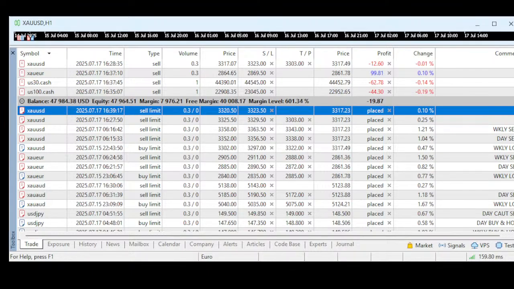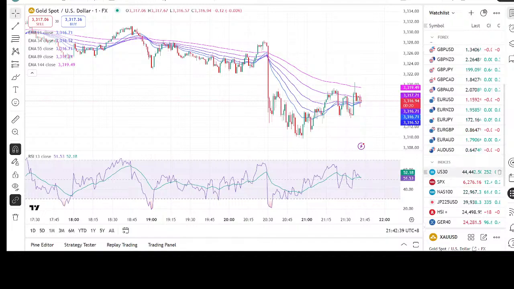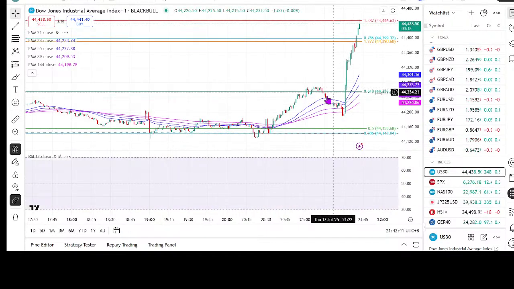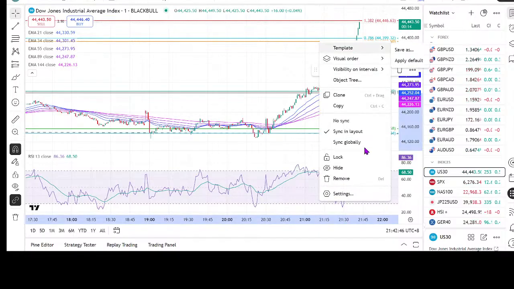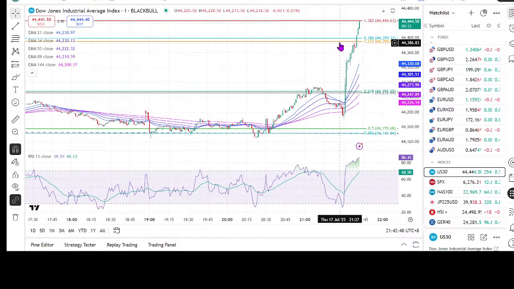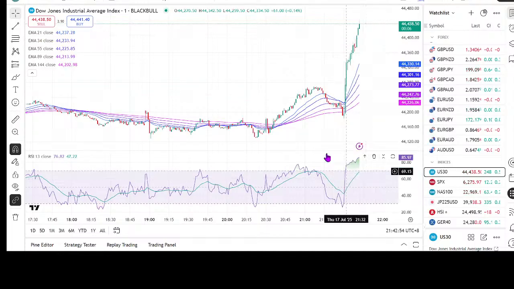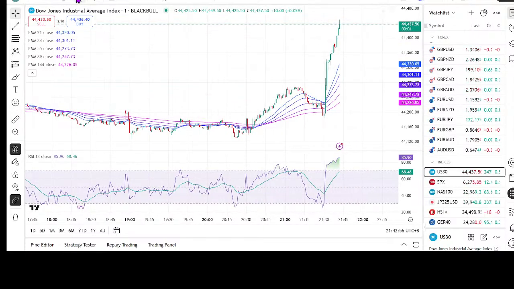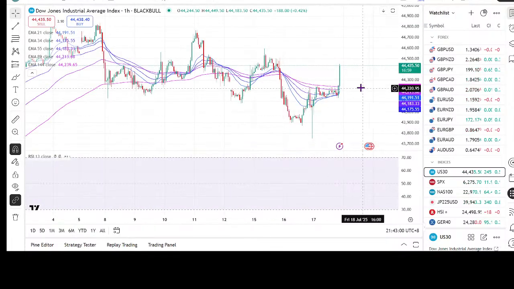Okay, let's go and see the Dow chart. Looking at it, market is moving higher. So now we need to see the time control. Time control meaning, what is the time control.